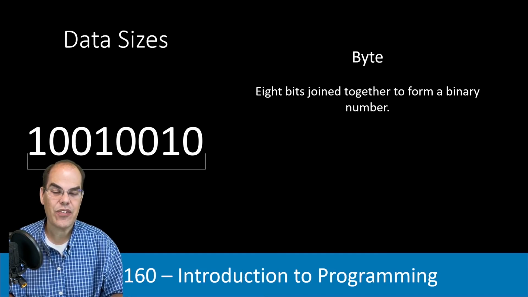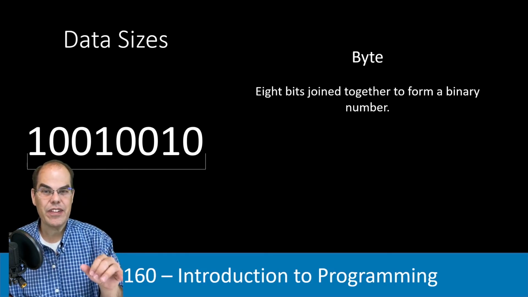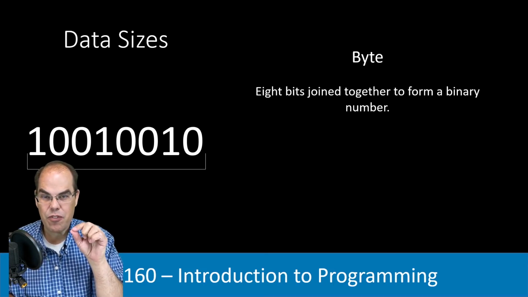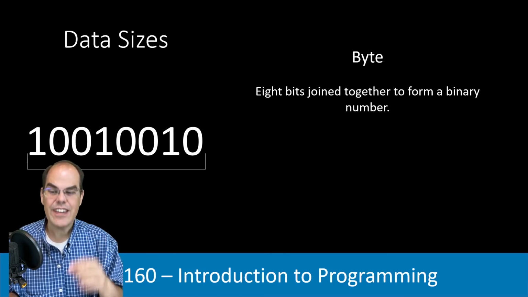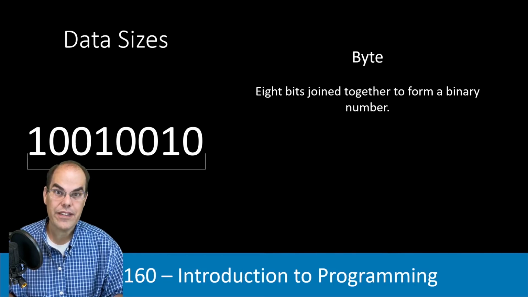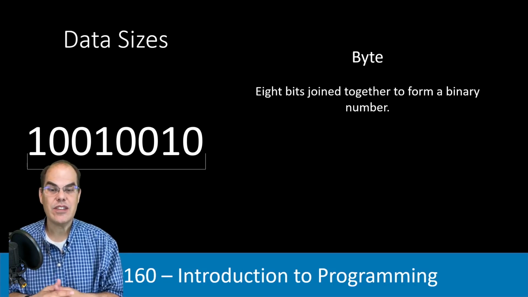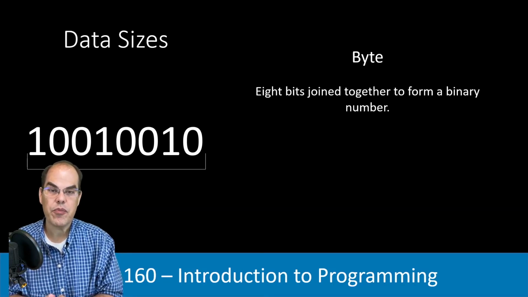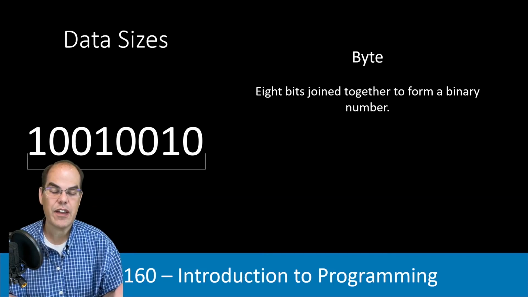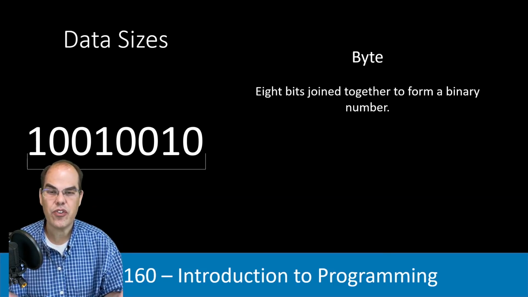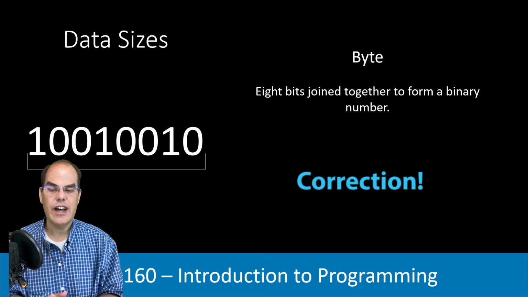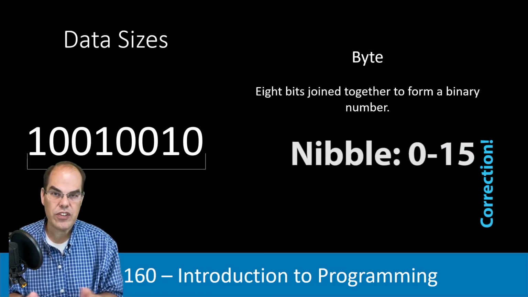Now you can kind of see where this is going. It's kind of fun. A nibble is like a little tiny byte, and 8 bits is a whole byte. And so it can hold numbers from 0 to 255. I think a nibble was 0 to 15, something like that. But that's the number range you can represent.